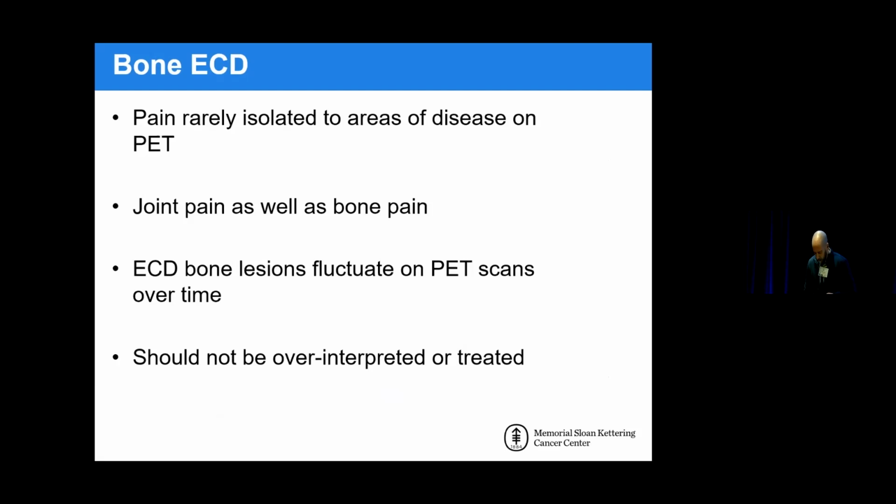In my experience treating ECD patients, the intensity of bone lesions tends to fluctuate over time. I've occasionally seen that people can be over-treated in order to suppress what you see on a PET scan. I always wonder if that's doing people a favor, because they seem to fluctuate a bit even when treatment is otherwise working.